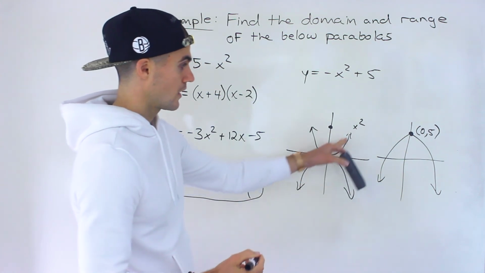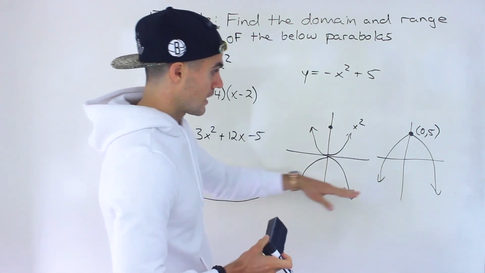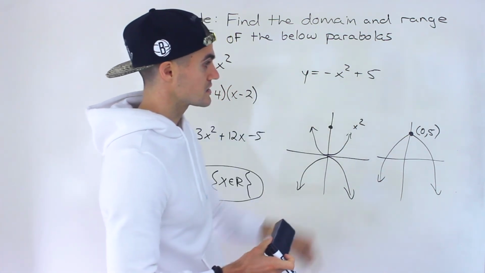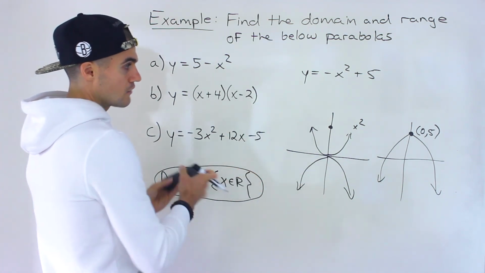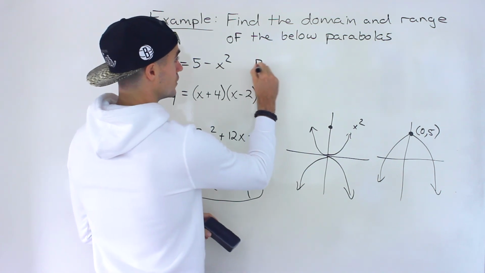So we took the parent function x squared, flipped it, and then shifted it up by 5 units. So the vertex is at (0, 5).